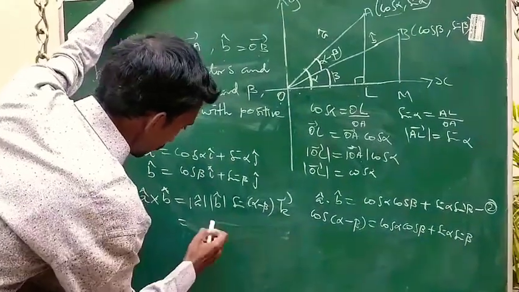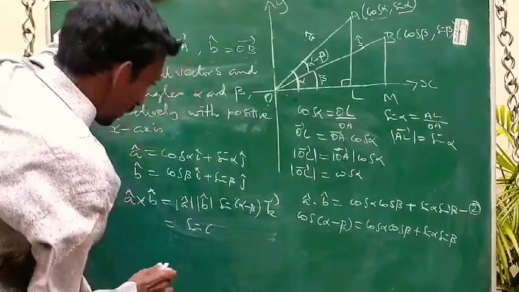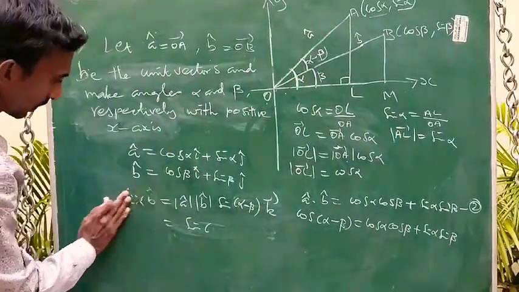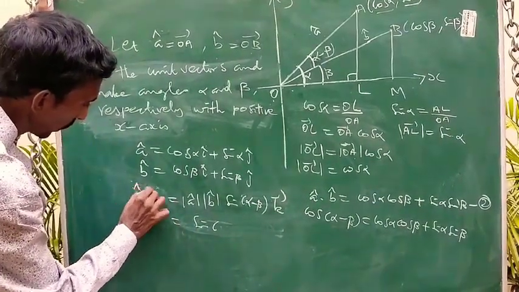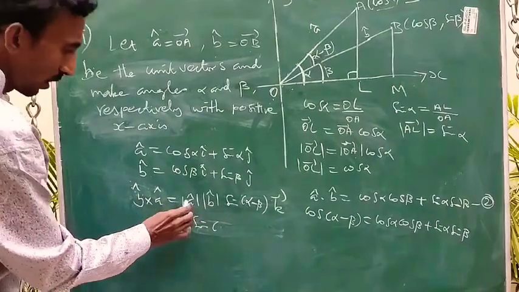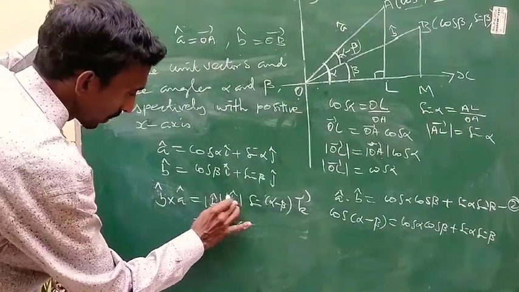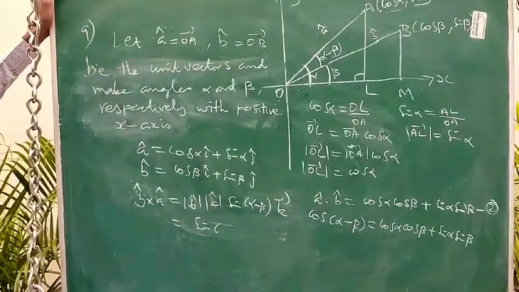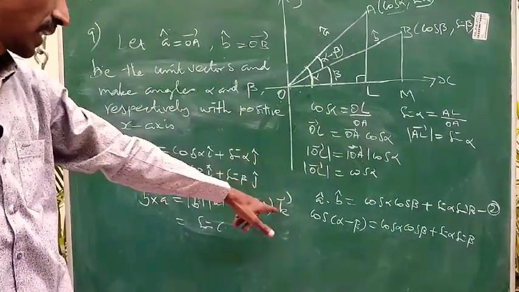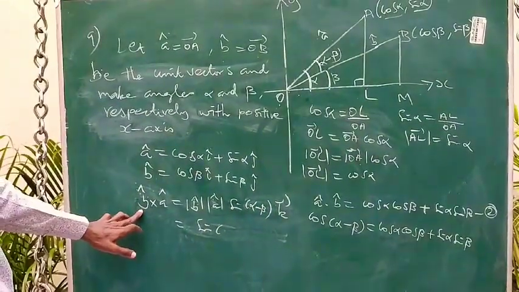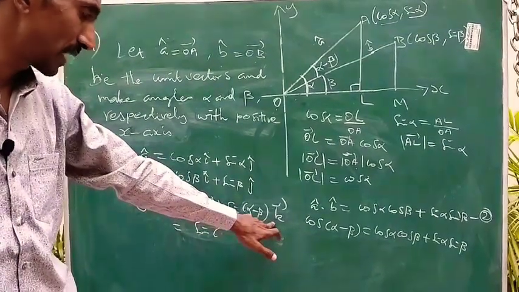So we are getting sin, not A cross B; we have to put B cross A. Then only we are getting magnitude of A, magnitude of B, sin(alpha minus beta) with i cross j, k. Suppose if we put A cross B, here we have to put minus k.